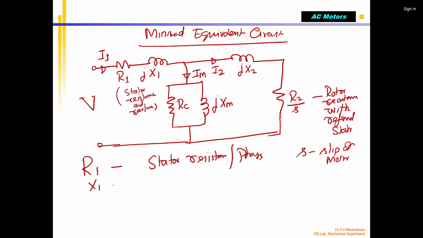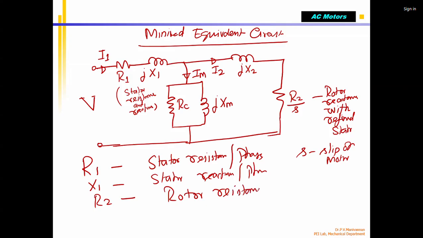And X1 is called as stator reactance per phase. Then R2 is rotor resistance referred to stator per phase. Because we are talking three phase, we are talking single phase, but that will apply for all three.